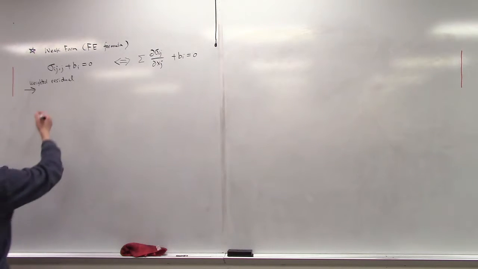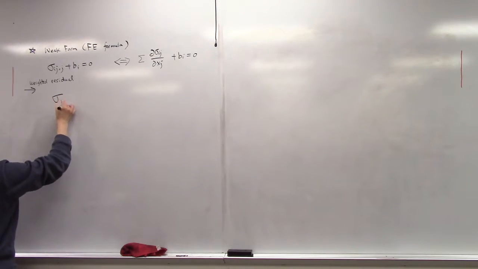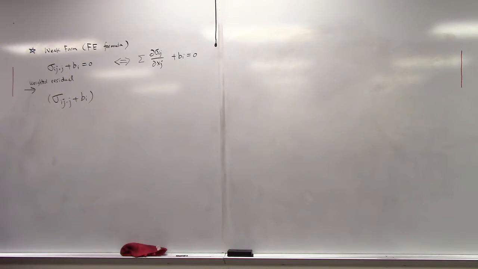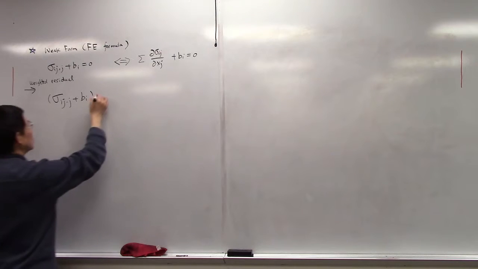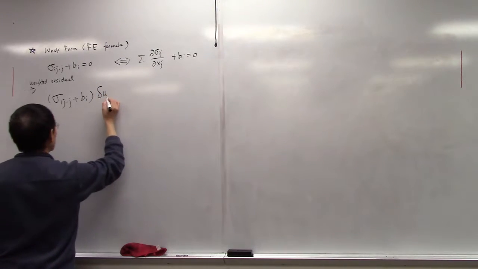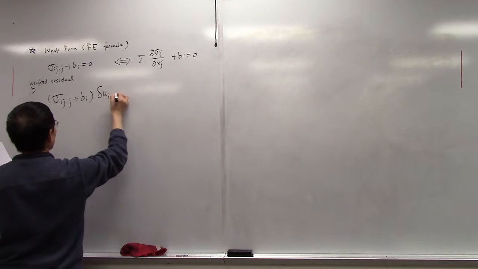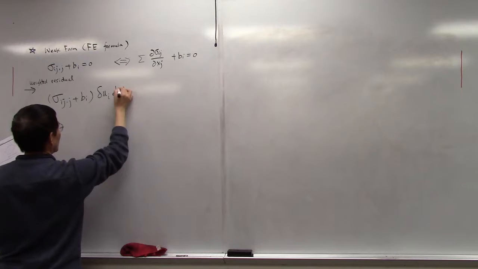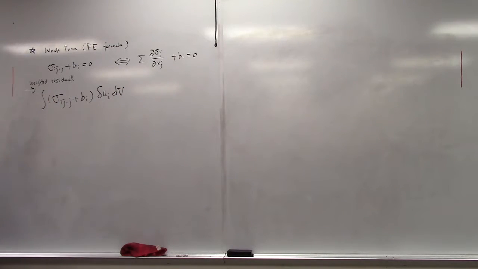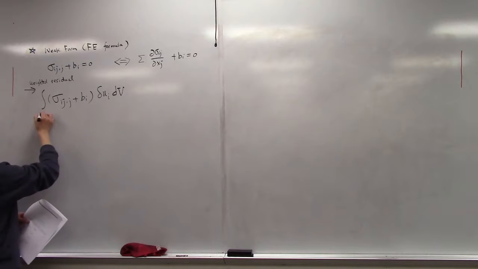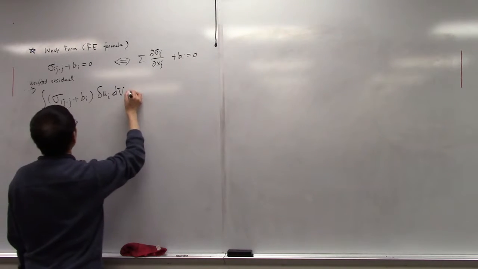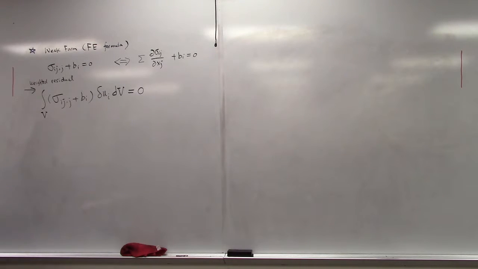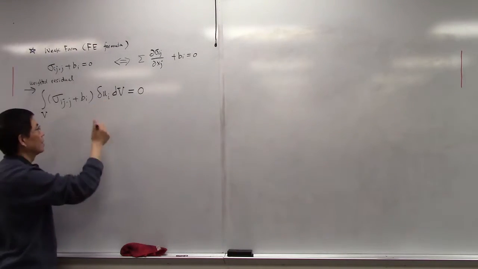Therefore, using the Galerkin's method, sigma ij comma j plus bi. This time we're going to multiply by an arbitrary variation of the displacement field, and integrate it over the problem domain. This time we are talking about 3D, so it is the total volume of the elastic body. We require that to be 0. What is this delta ui?